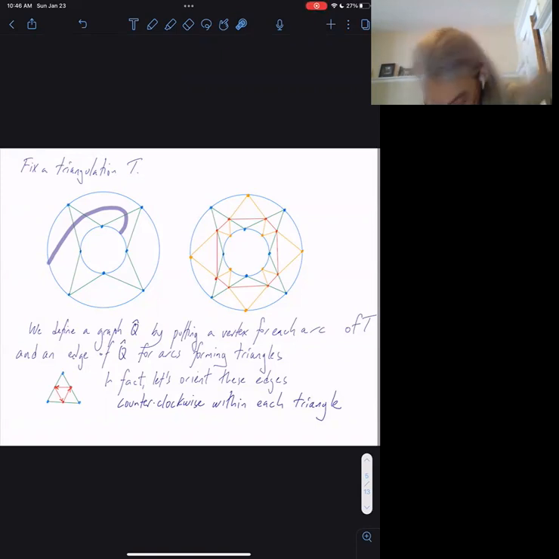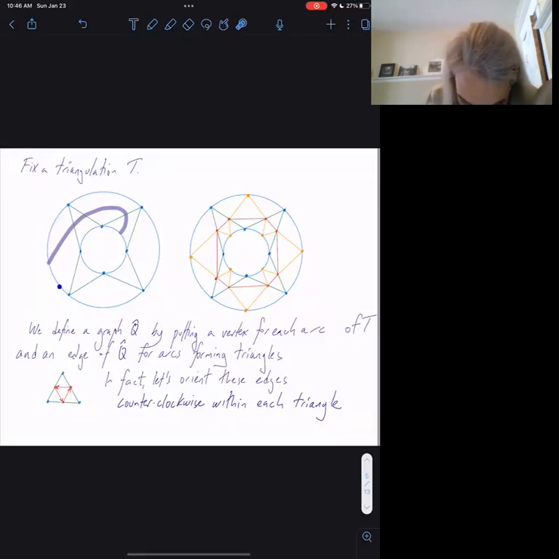So I have my surface here, which is this annulus, and I've drawn a triangulation in green. And now here is one example of a curve that I could draw. My point is that I can think about that curve really as a sequence of edges that I cross.